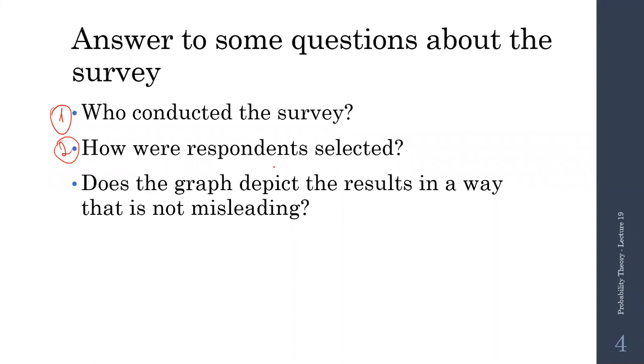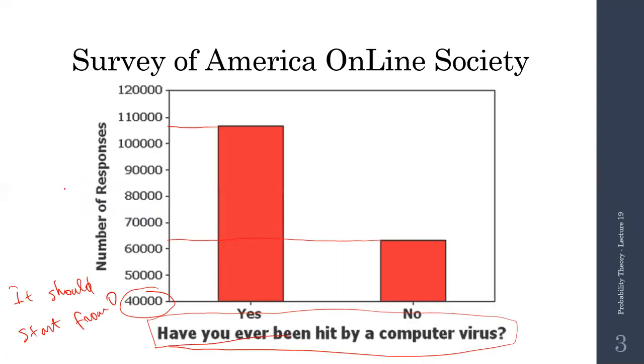The third question: does the graph depict the results in a way that is not misleading? We just answered this. The graph is misleading because it starts from 40,000. We have to answer these questions in order to understand the graph.